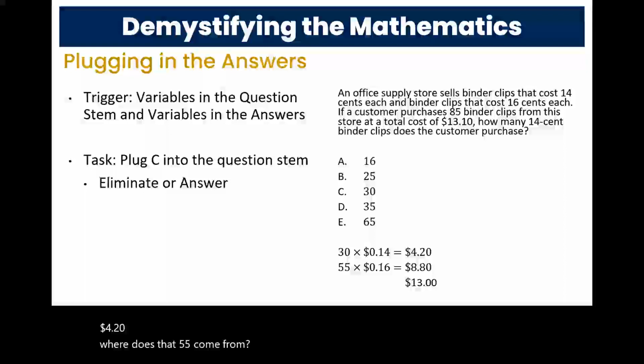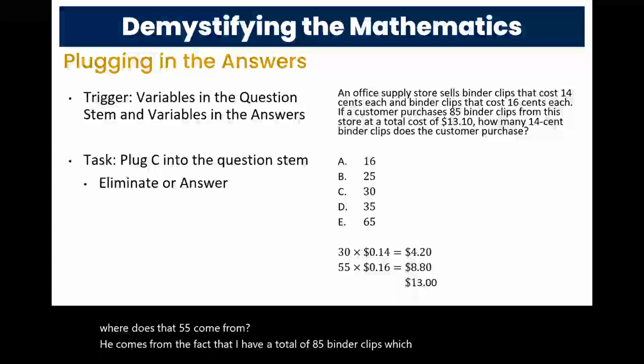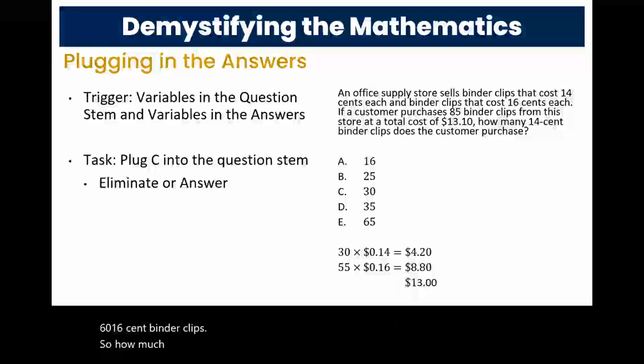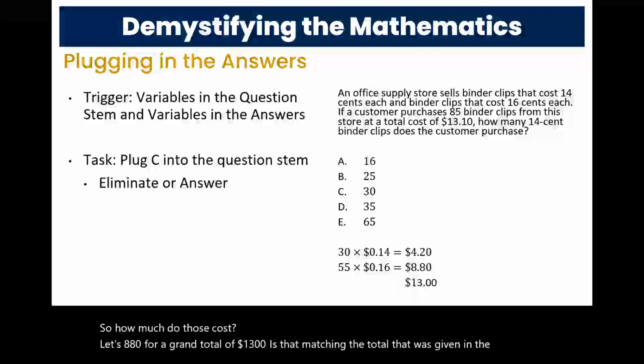It comes from the fact that I have a total of 85 binder clips, which means I must have 55 16-cent binder clips. So how much did those cost? That's $8.80 for a grand total of $13. Is that matching the total that was given in the question? No, so I know the answer can't be 30.